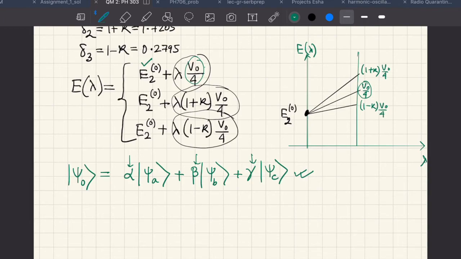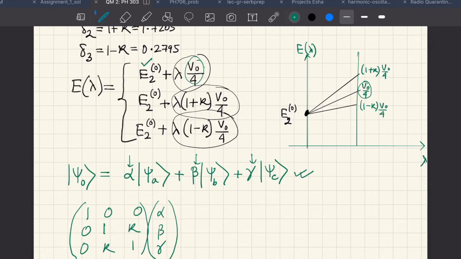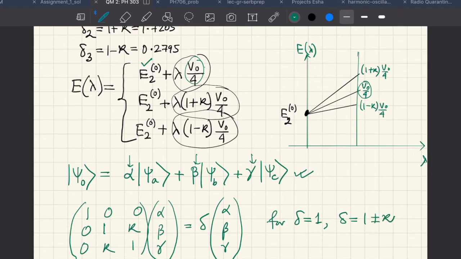So we have this matrix 1 0 0, 0 0 1 kappa, kappa 1, and then we have this alpha beta gamma, and this is equal to the eigenenergy delta times alpha beta gamma. That is the equation that we need to solve for delta equal to 1 and delta equal to 1 plus or minus kappa.